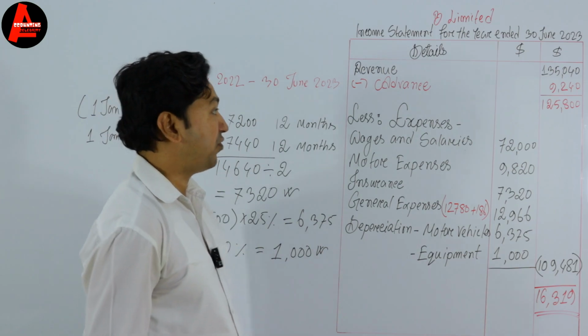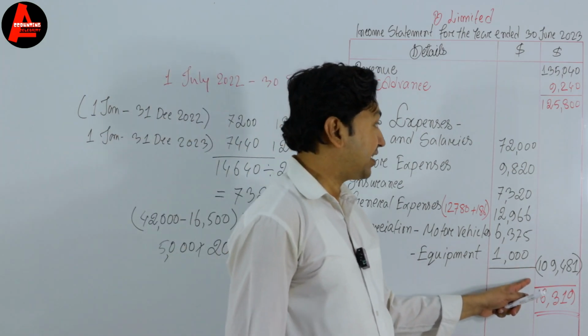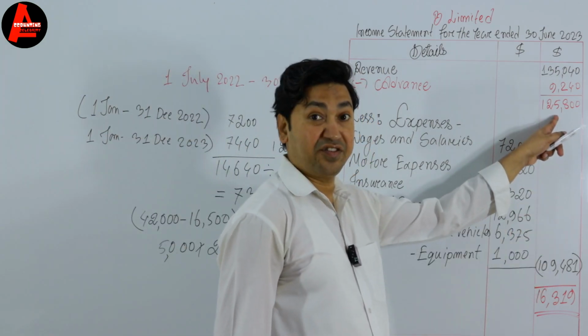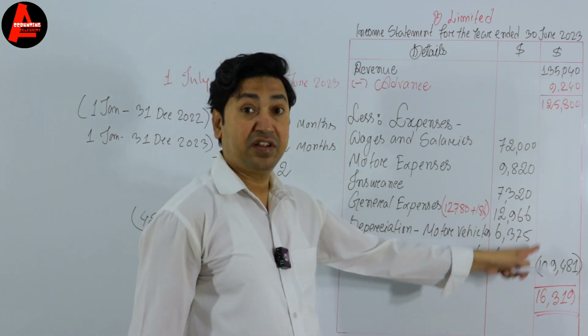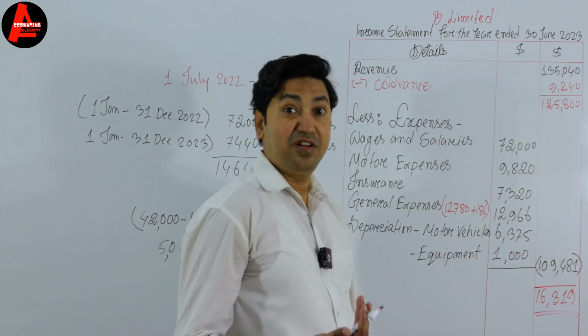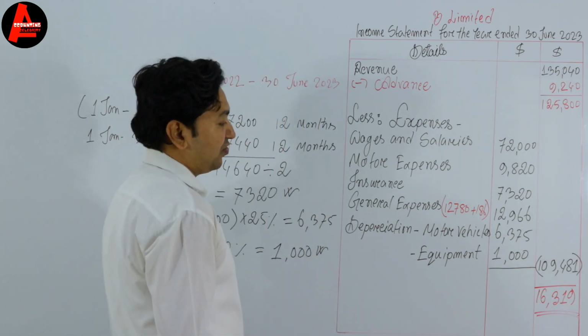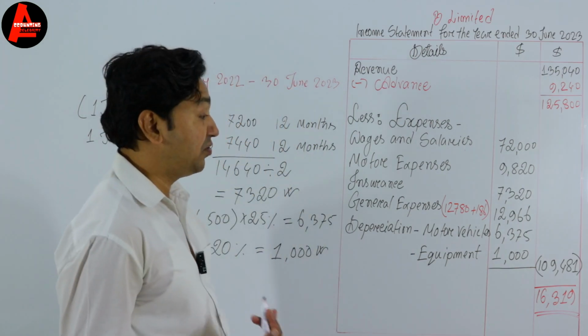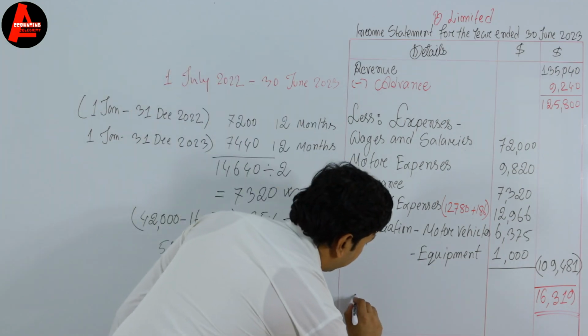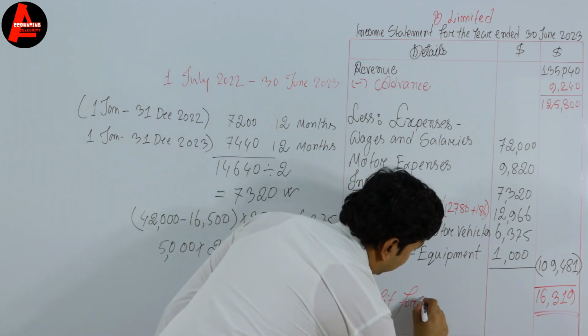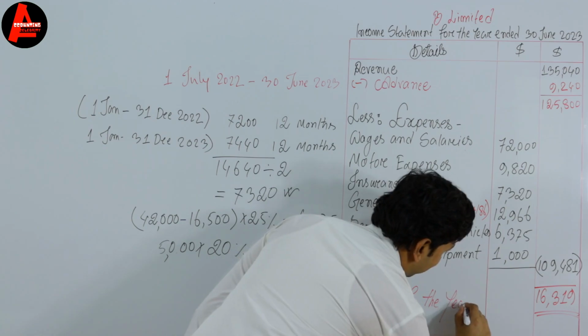Why profit for the year? Because our expenses are less than the revenue. Yeah, so if we have our expenses more than the revenue, then it will be loss for the year. Okay, don't forget, because always you will not have question like this. So we will write here profit for the year.